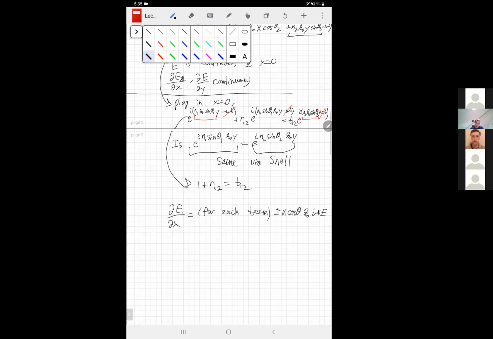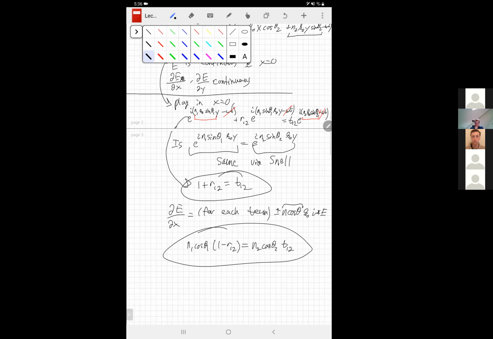So everything's exactly the same except we replace n with n cosine theta. So I'm going to say n1 cosine theta 1 times 1 minus r12 equals n2 cosine theta 2 times t12. These are our two equations, and we just happen to have two unknowns, r12 and t12. Any questions?